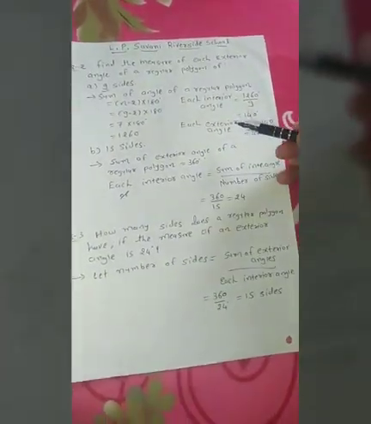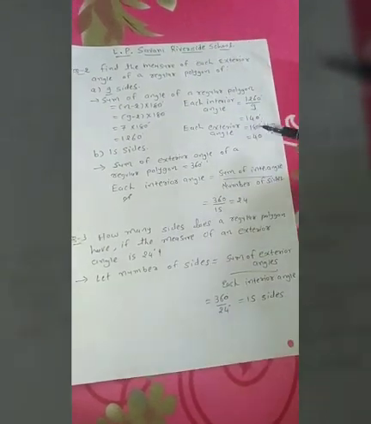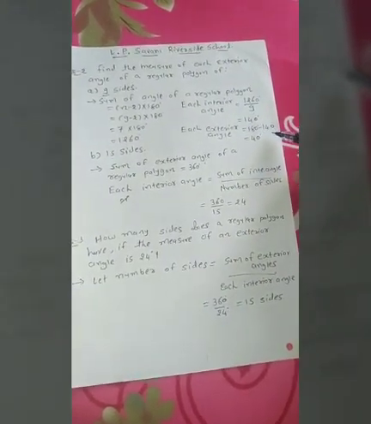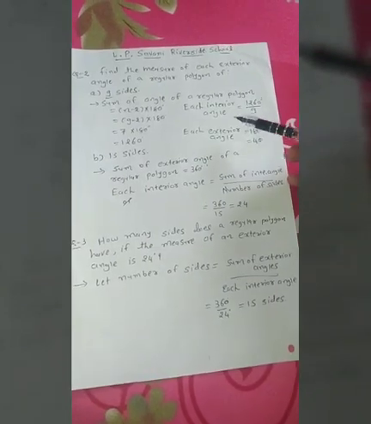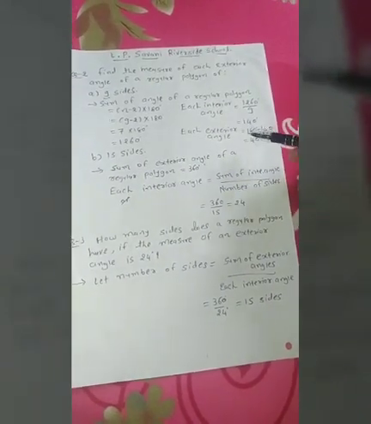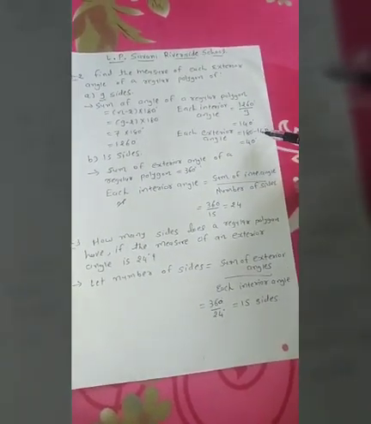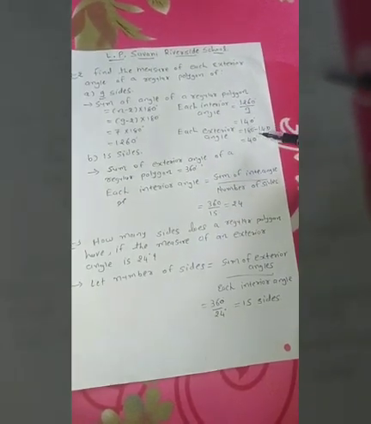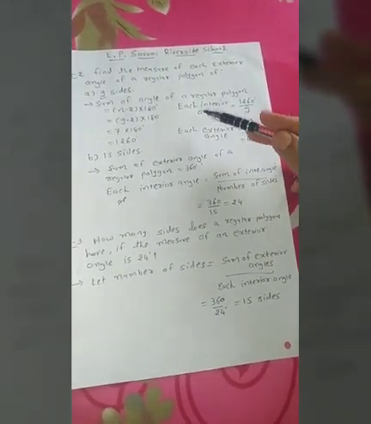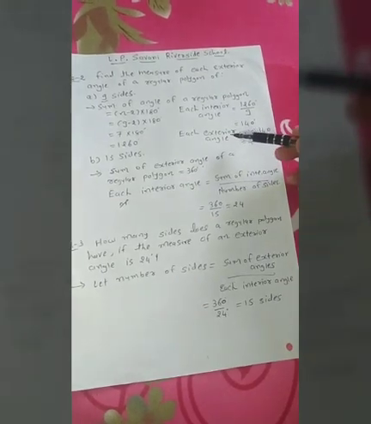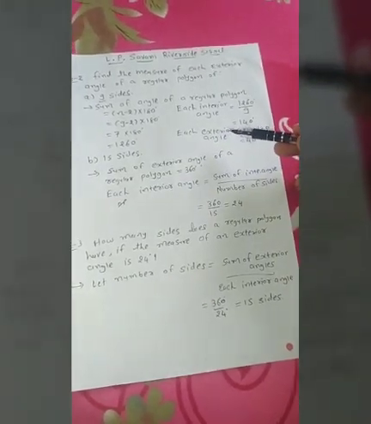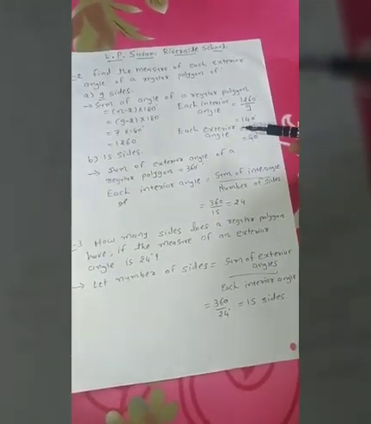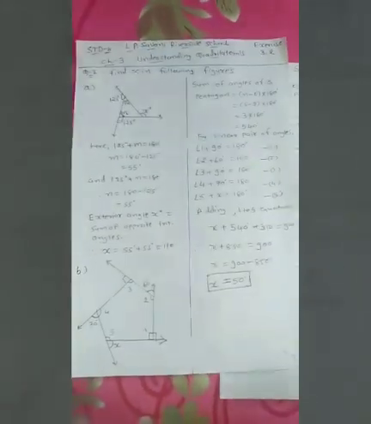And for the exterior angle I used 180 minus 140, because the total of the interior and exterior angle is 180, and I cut the interior angle from it. In this way you can solve the equation and only focus on the figure.